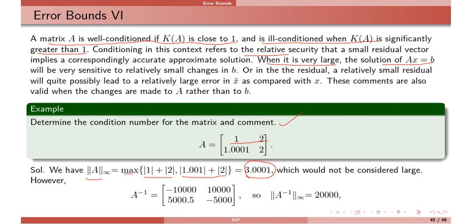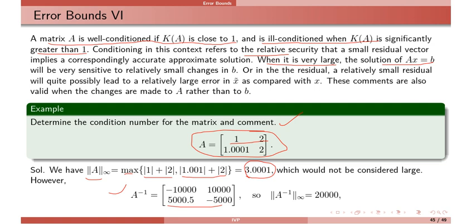Now find A inverse. From A find A inverse. You can use a calculator to find A inverse, or just find the adjoint and divide by the determinant of A. You can check that the determinant of this matrix will be very small. So you divide by the determinant to get the inverse.